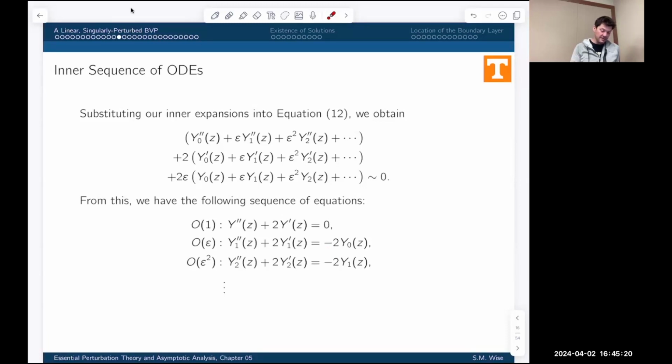Is that correct? Yes. So that's going to be given by this term and that term. But this guy is a known thing, so I'm going to move it over to the right-hand side. And similarly for the third order. This one is usually called leading order, then first order correction, and then second order.